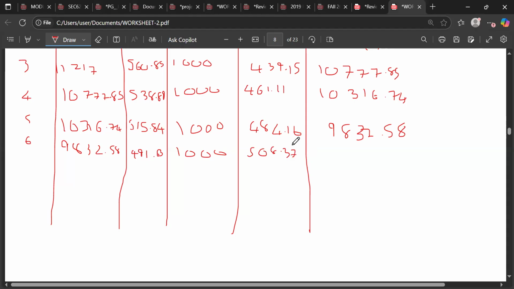And 9,832.58 minus capital paid is going to be 9,324.21. Year 7 here.